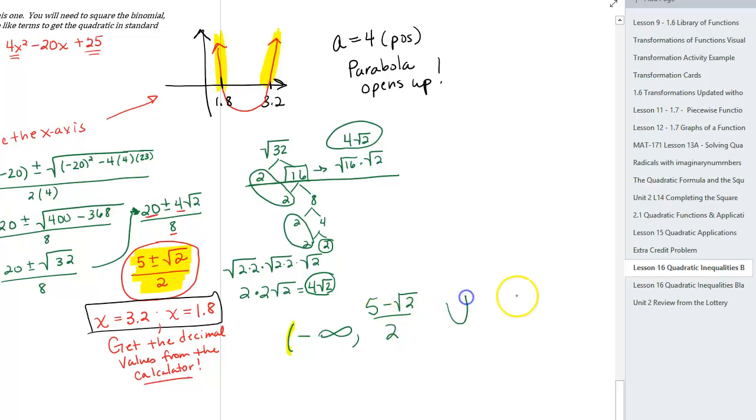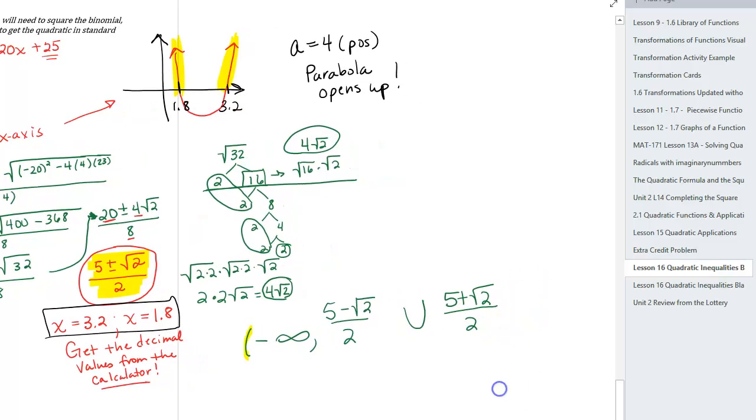And we're going to unite that with 3.2, which was the decimal approximation for when we typed in 5 plus the square root of 2 over 2. And that goes to infinity.